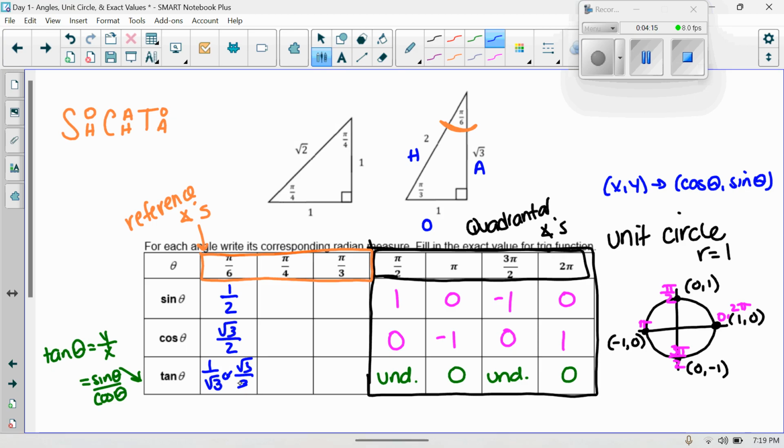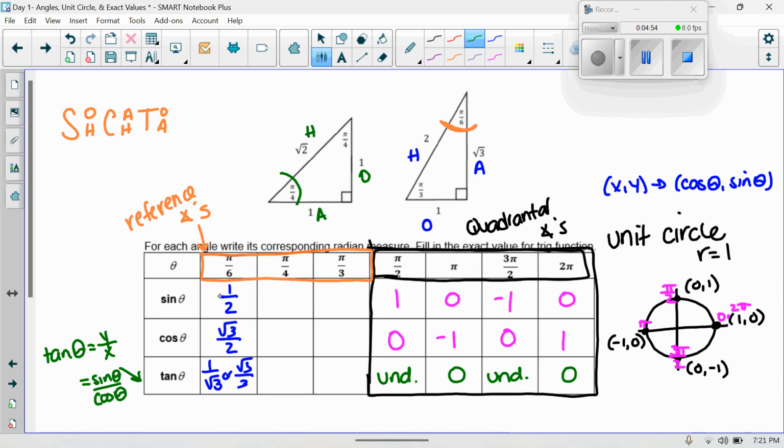So now if I want to go to pi over 4, I'm going to go to my other triangle over here. Here's pi over 4. In this case, it's an isosceles triangle, so it does not matter which one of the angles that you go to use. But I'm going to use this one, which isn't letting me write. So when I go to use this one, my opposite is 1, my adjacent is also going to be 1, and my hypotenuse is going to be radical 2.